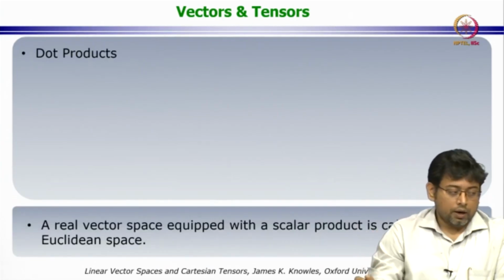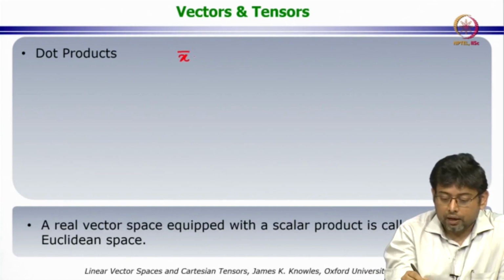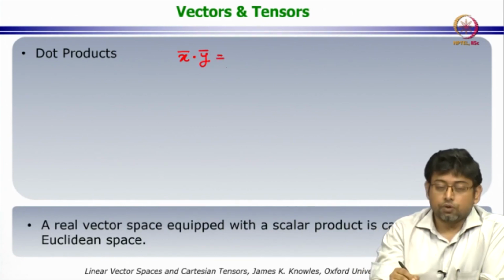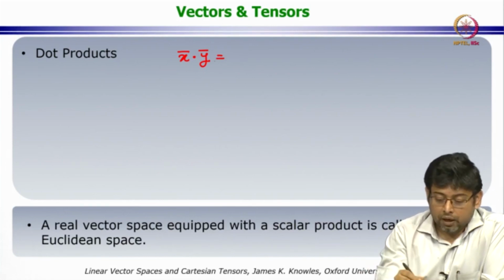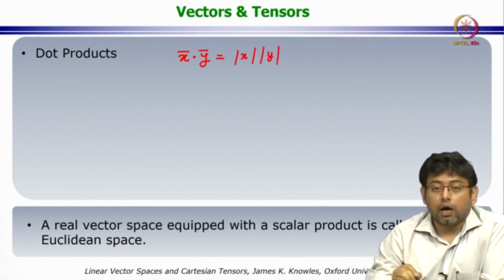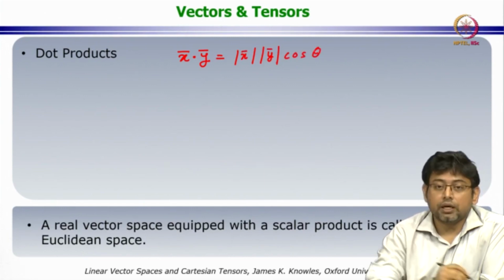Okay. So the dot product is the same as what we have done earlier in some other courses. I am sure you are familiar with it. If you do the dot product of two vectors, we evaluate it like this: the dot product of x and y is the magnitude of the vector x multiplied by the magnitude of vector y times cos theta, where theta is an angle.